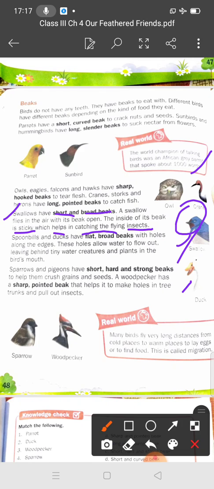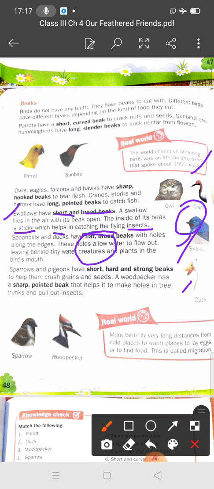If there are small water animals or water plants in the water, only the water flows out through these holes, and the creatures and plants stay behind.